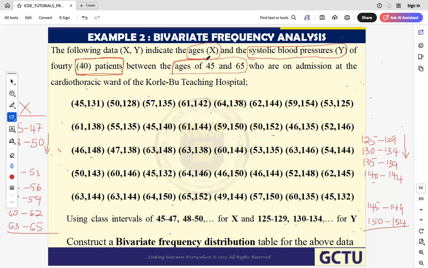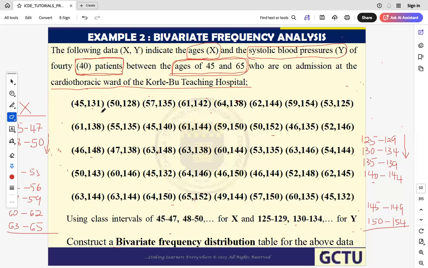In other words, there are some aged and youth in this ward comprising the 40. The ages span from 45 years to 65 years, who are on admission at the cardiothoracic ward of the Korle Bu Teaching Hospital. So the cardiothoracic ward is a place where people who have heart issues are attended to. And I'm sure one of the wards of the cardiothoracic unit is having 40 patients whose ages are between 45 and 65.